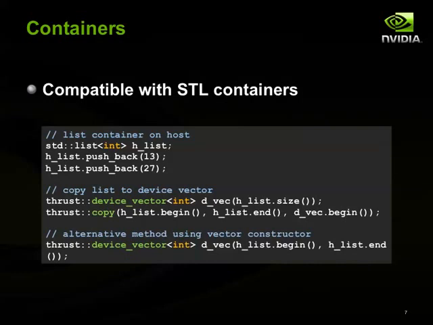This may be something you have in an existing code that you've written long ago. If you want to copy that to the device, it's very straightforward. You don't have to do any real work. You just call the thrust copy algorithm and give it the beginning and end of your list and the beginning of your vector, and Thrust will perform the copy for you. There's a slightly more concise way of doing this using the constructor of the device vector. But really, they're both essentially the same.